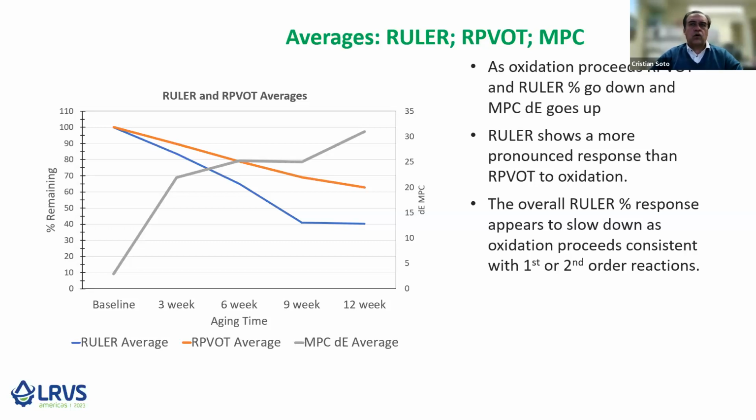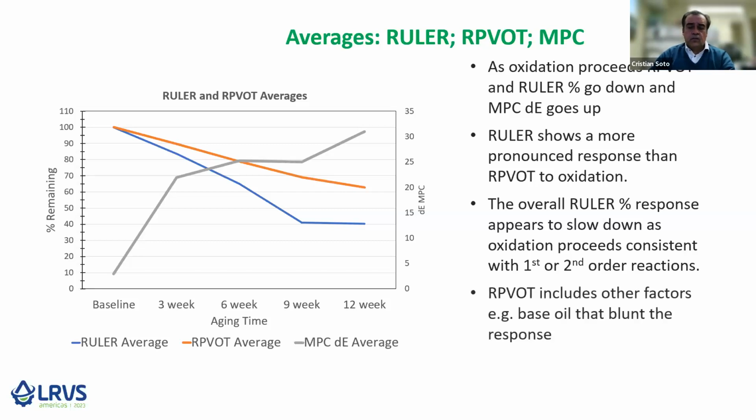And this is consistent with what one would expect with first or second order reactions. RPVOT includes other factors such as the base oil, for example, and not just the antioxidants. And it appears that some of these other factors may also blunt the response of RPVOT to oxidation, again, on average.